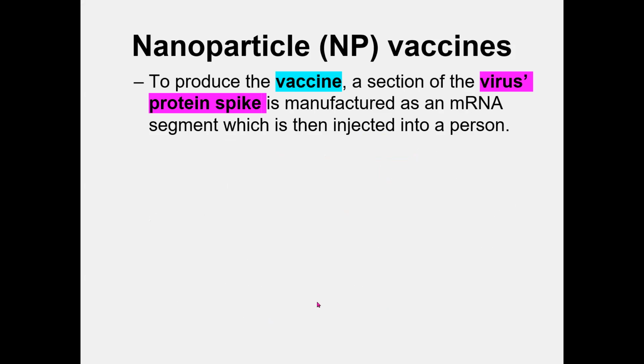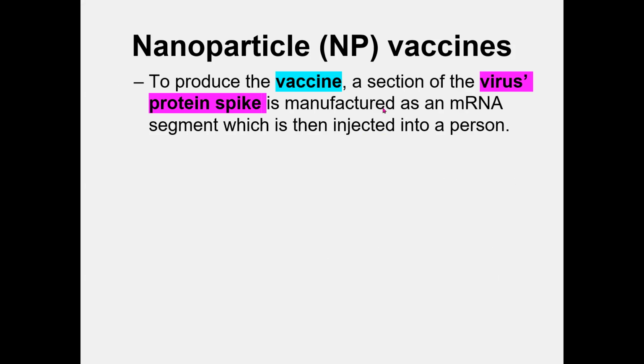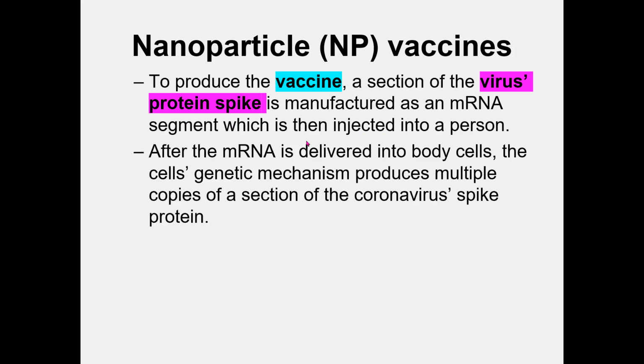So what the vaccine does: there's a piece of messenger RNA that is artificially made to pretend that it's carrying a section of the protein spike of the virus, and that's injected into people.